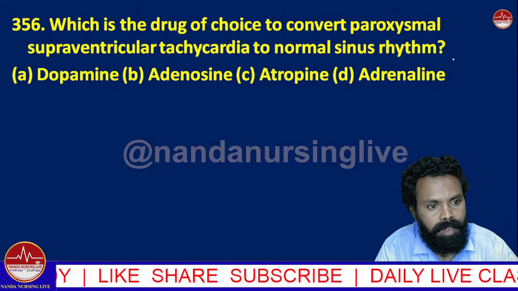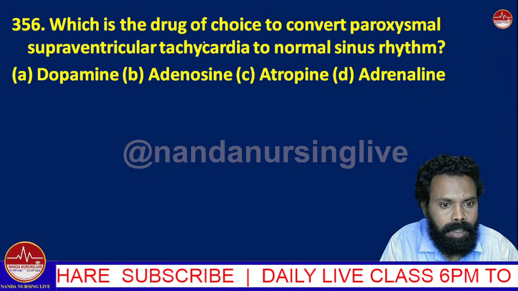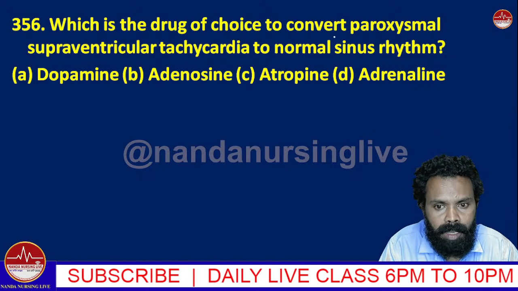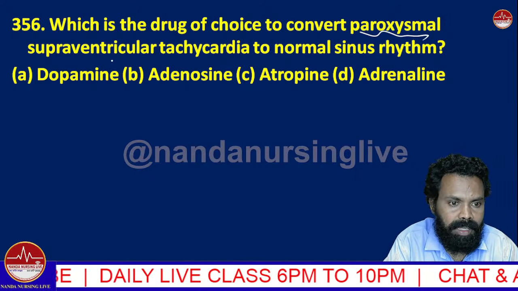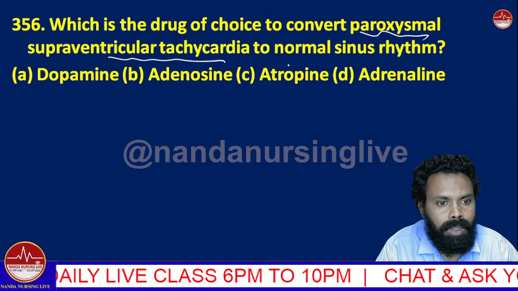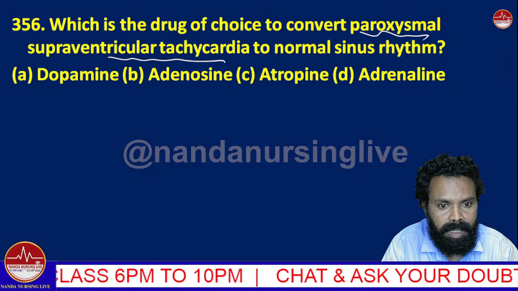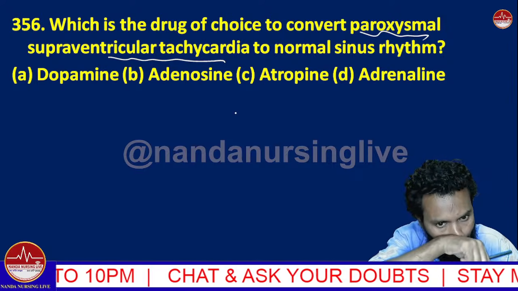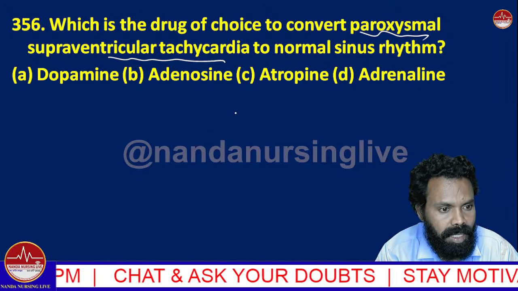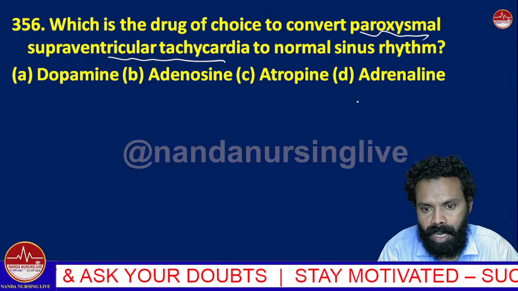Next question number 356. Which is the drug of choice to convert paroxysmal supraventricular tachycardia, PSVT, to normal sinus rhythm? Option A dopamine, option B adenosine, option C atropine, option D adrenaline.